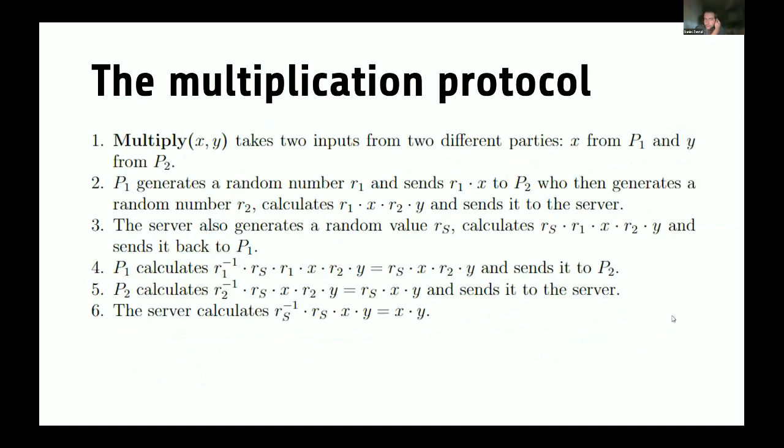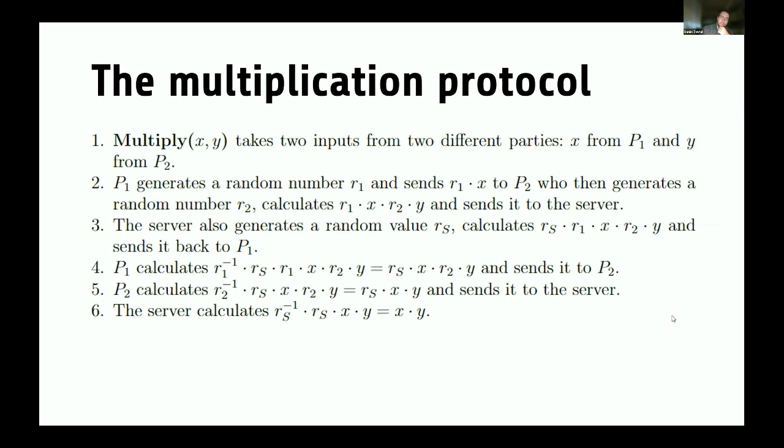And the protocol is pretty simple. First of all, let's assume that two participants, P1 and P2, want to calculate the product of two of their values, x and y, without knowing each other's secrets. So P1 only knows x and P2 only knows y.